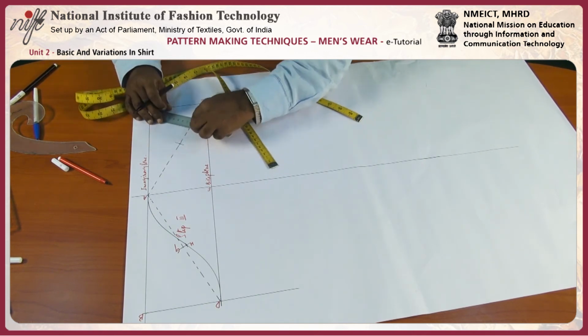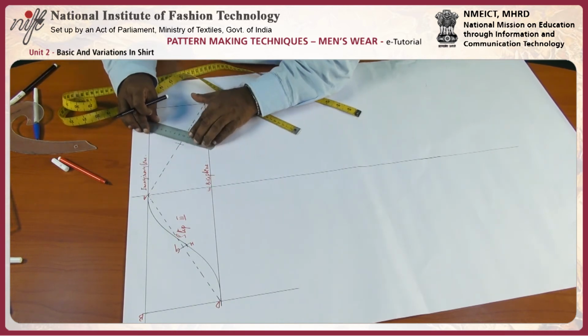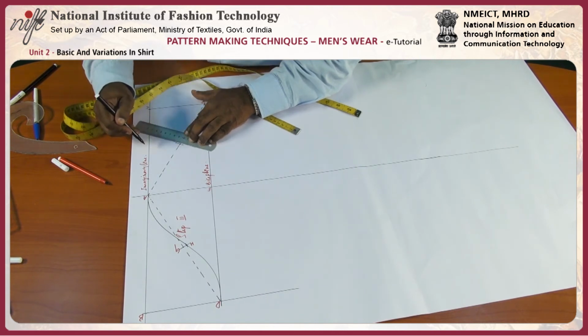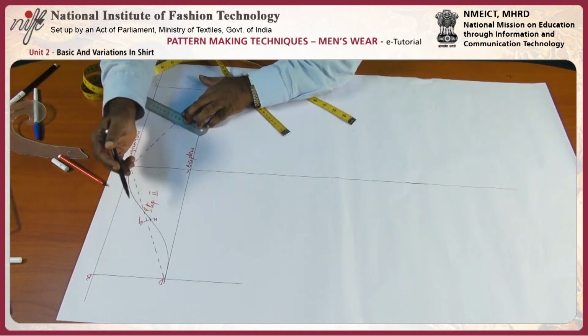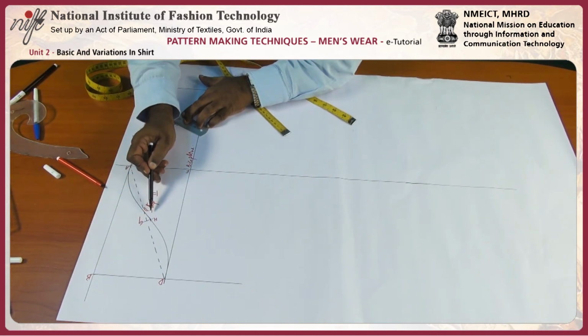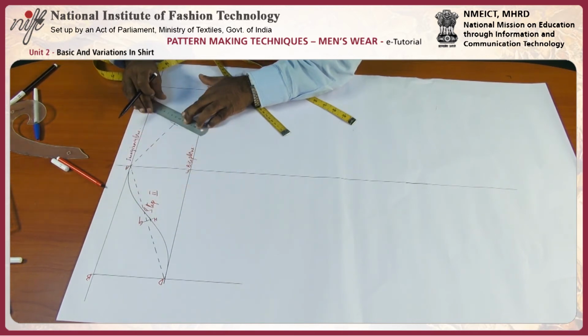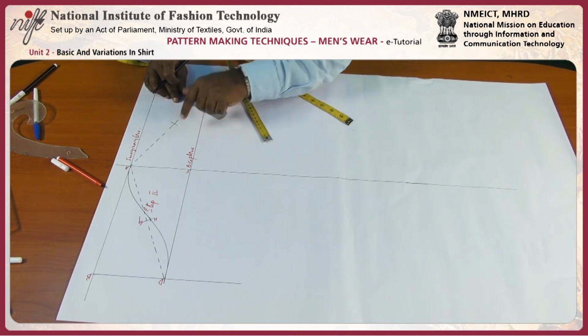Then draw a perpendicular line to the dotted line. Then measure 6 mm facing the imaginary line, whereas the other case is facing towards the bicep line. 6 millimeter should be measured facing towards the imaginary line.